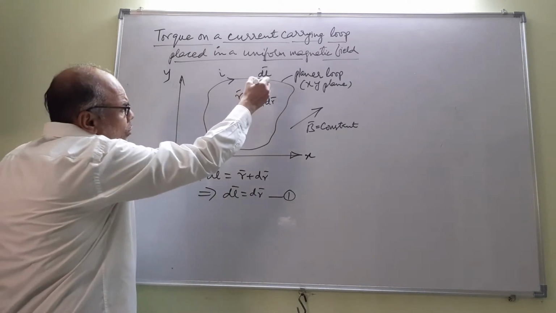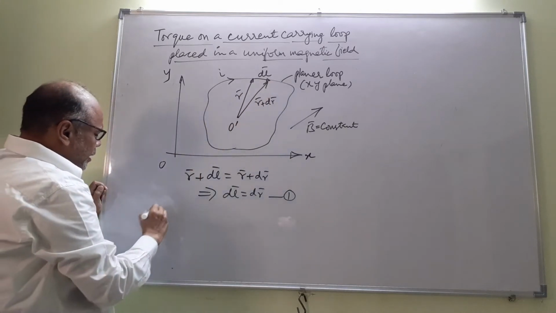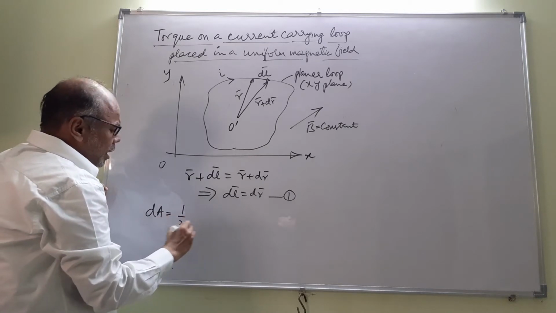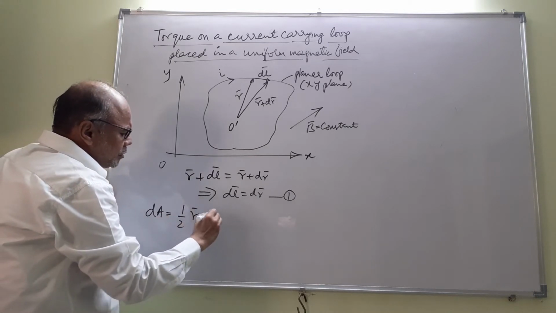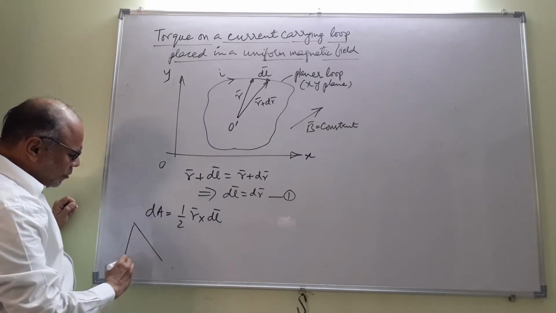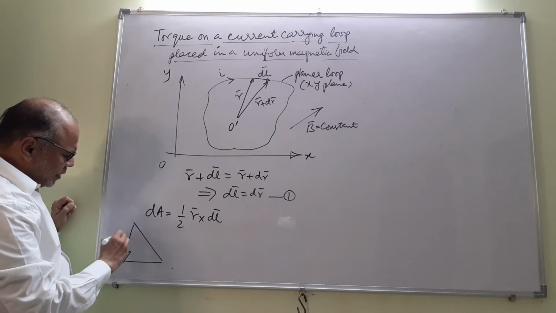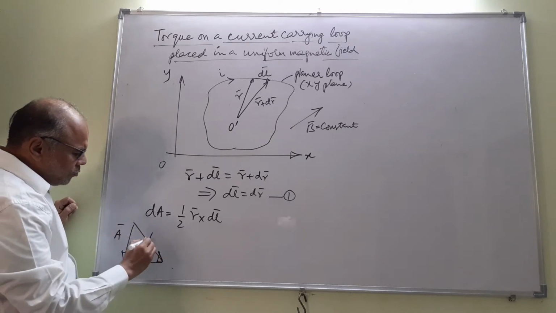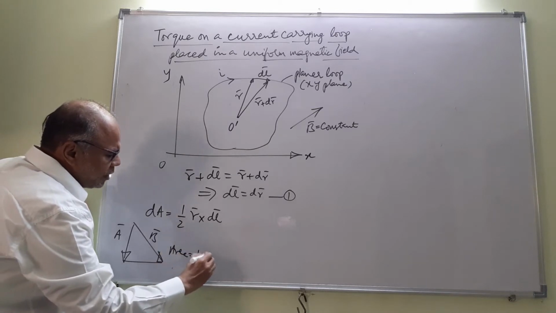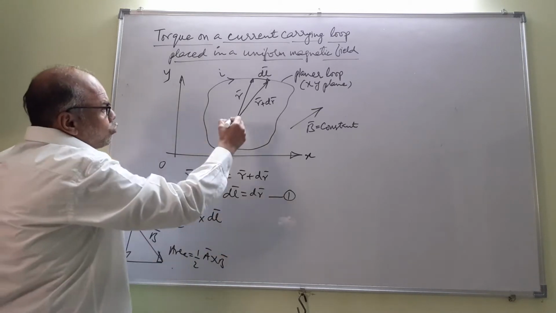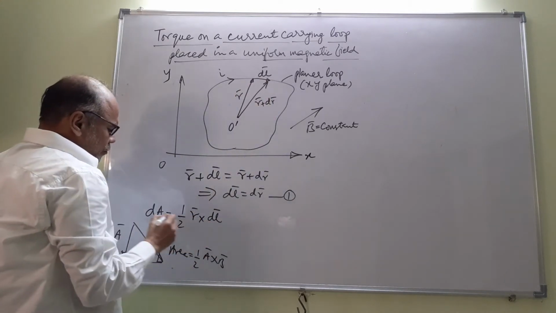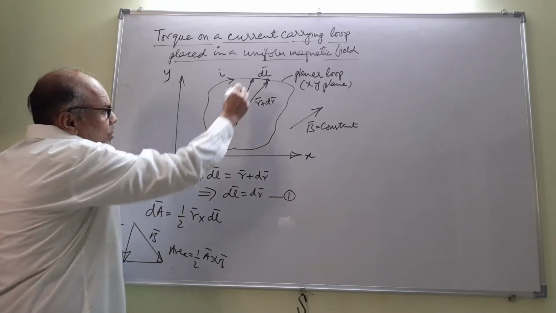Then the area dA of this triangle is given by half r cross dl. Please note that if you have a triangle and if this is vector A and this is vector B, then the area vector is given by half A cross B. So we have two vectors here, r and dl, so r cross dl will be the area vector of this portion.